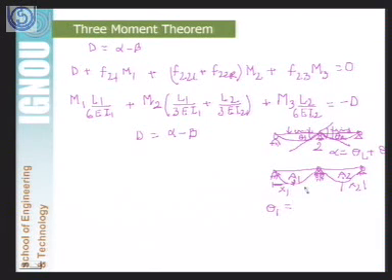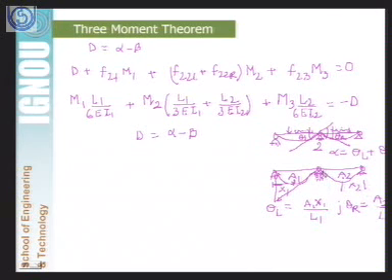If we draw the tangent here, this tangential deviation will be equal to A1 multiplied by x1, and if we divide it by the length of this beam, A1 x1 by L1 will be equal to theta L. Similarly, theta R is equal to A2 x2 divided by L2.